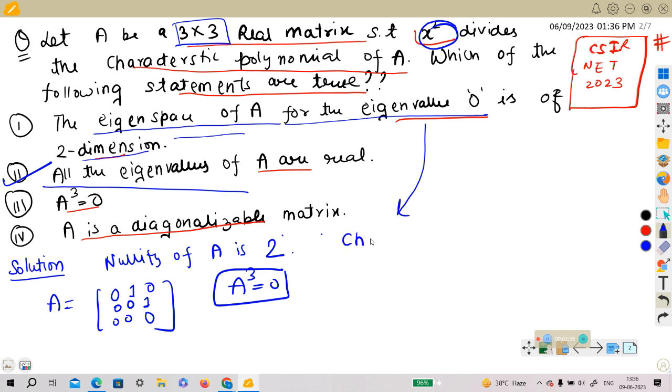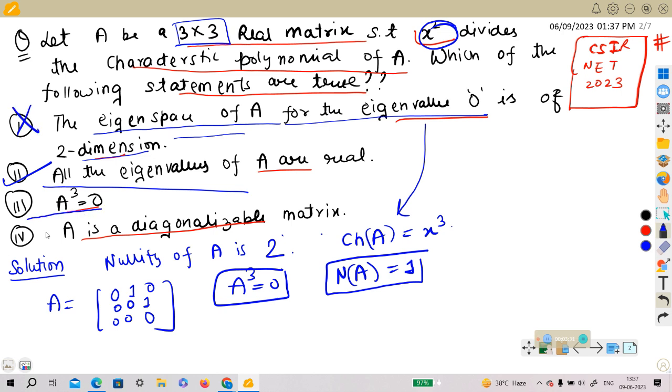Its characteristic polynomial is x cube. So we have A cube is equal to 0. This is an example, and its nullity is 1. So the first is not true.